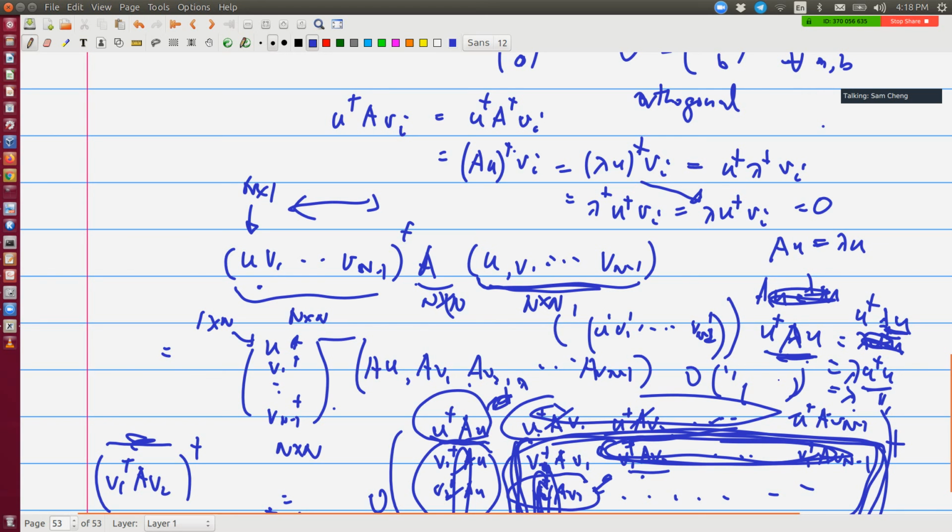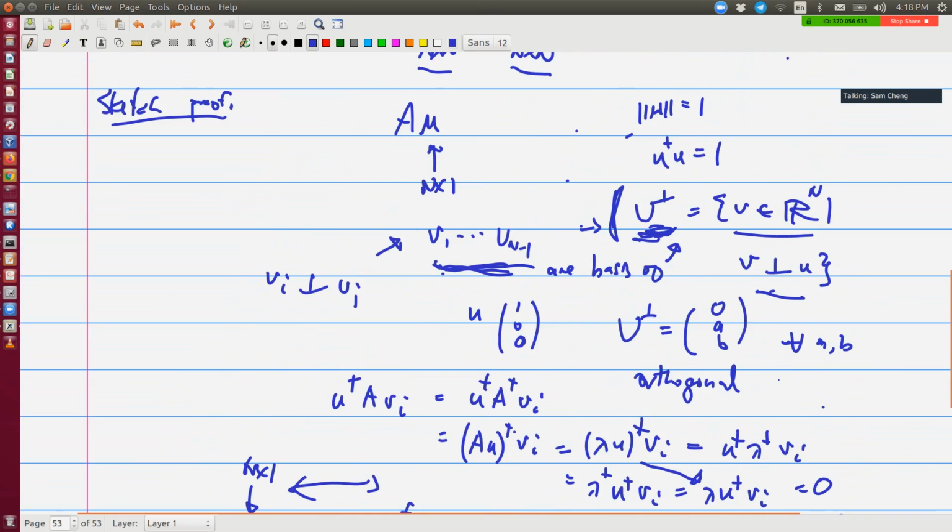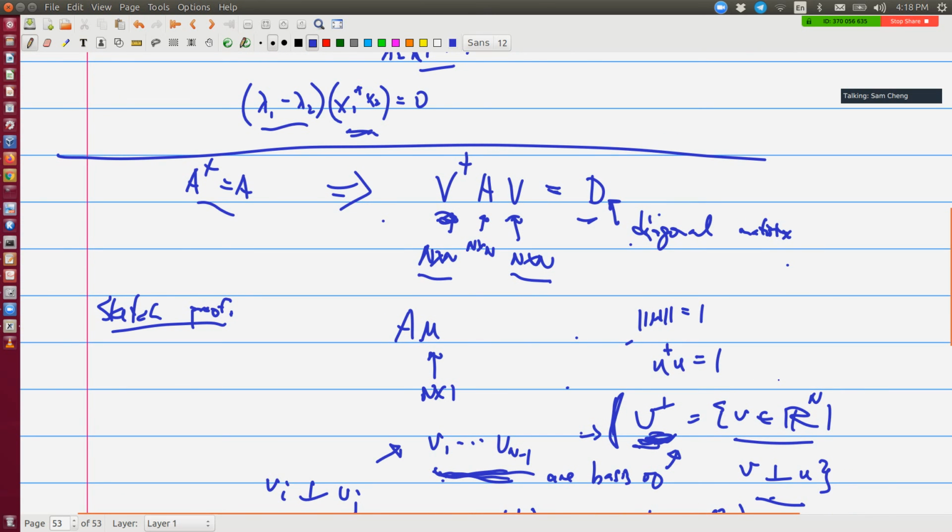But this is a proof, and actually we don't do it that way. What do we know first? Do we know V or D first, or do we know A first? In this case, we know A first, and A is Hermitian.